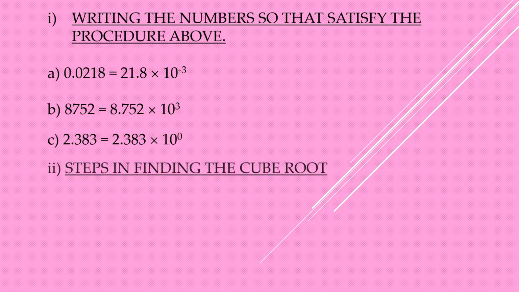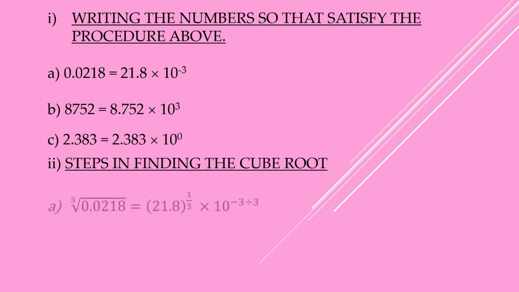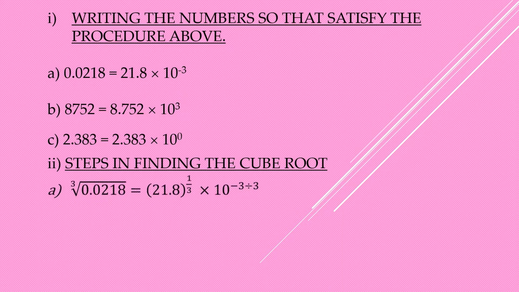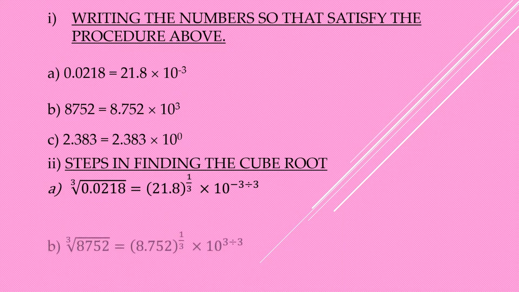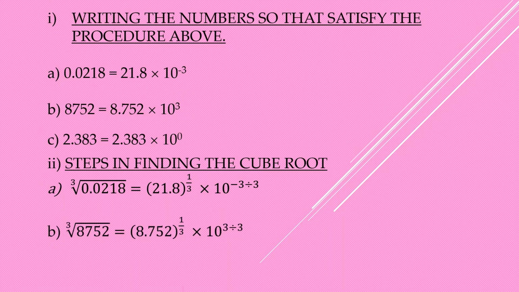And we make sure the other numbers fall between 1.0 and 999.9, with the power of 10 being 3 or a number divisible by 3. 8,752 is equivalent to 8.752 times 10 raised to power 3. 2.383 remains as 2.383 times 10 raised to power 0, because 2.383 lies between 1.0 and 999.9.